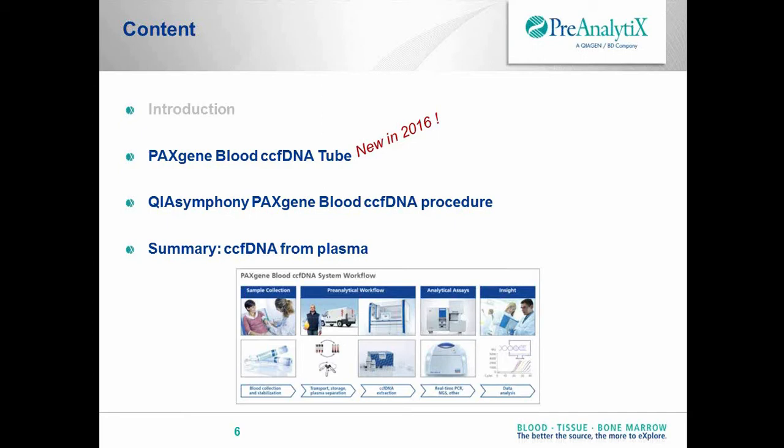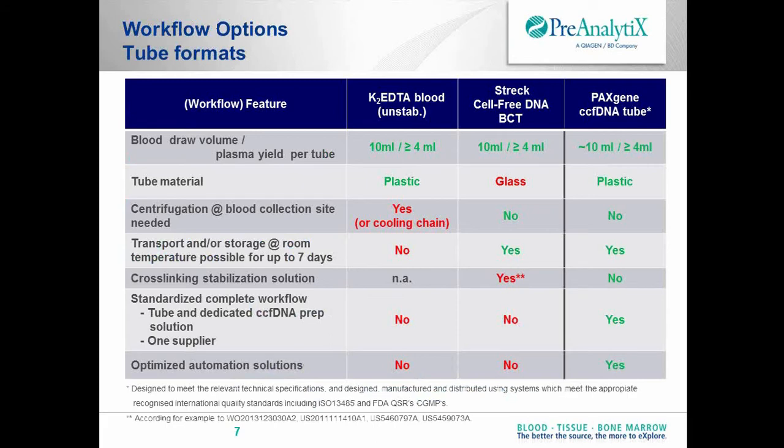In the next few slides of my talk, I show you the first part of the system, the PAXgene Blood ccfDNA tube, which will be released this year. In this slide, we see an overview in table format of the blood collection tubes that are mainly used in the field on the left part of this table: the EDTA blood tubes, the STRECK cell-free DNA blood collection tube, and our new tube that we developed here at PreAnalytiX.